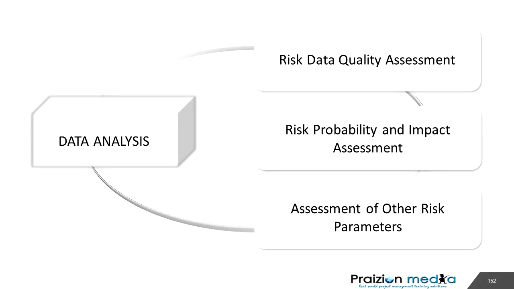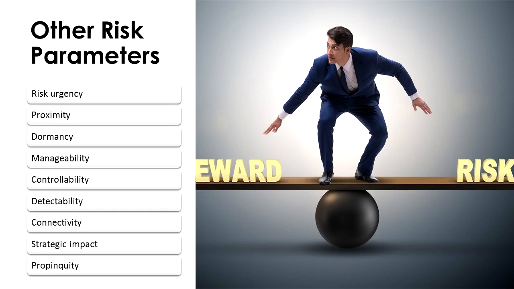Let's take a look at one more bullet point here. It's a rather important one, and this is under data analysis, and it's assessment of other risk parameters. Now, there are a variety of other parameters to be considered when you identify risks, when you analyze risks, and I talked about risk urgency previously.